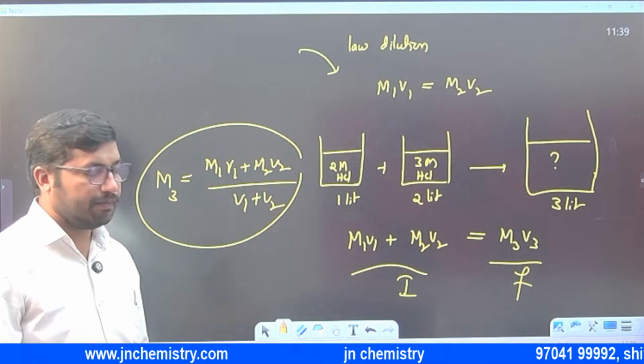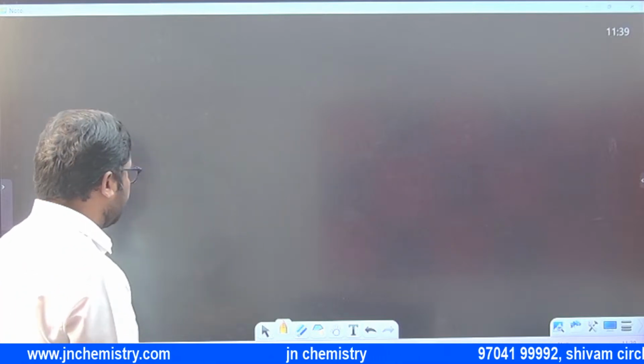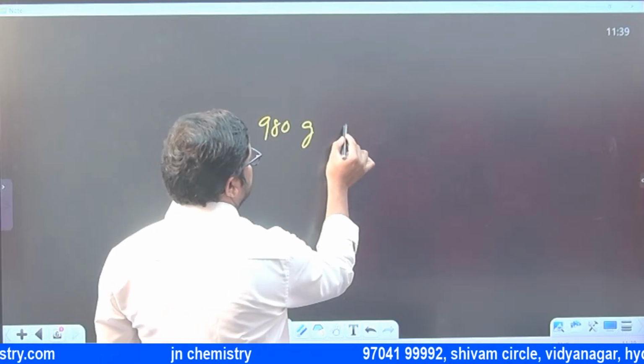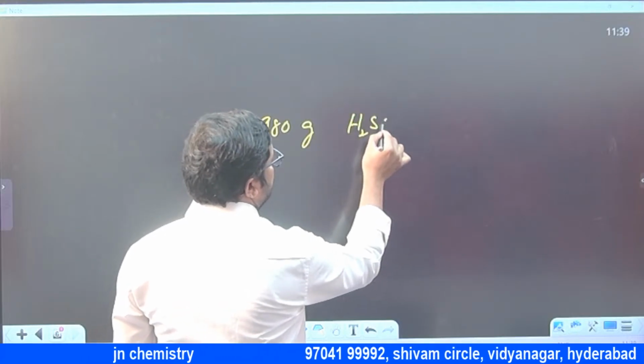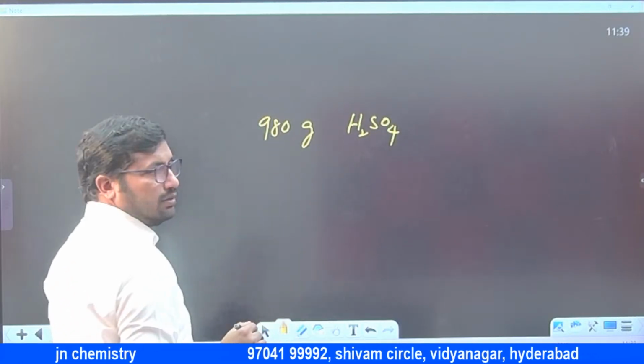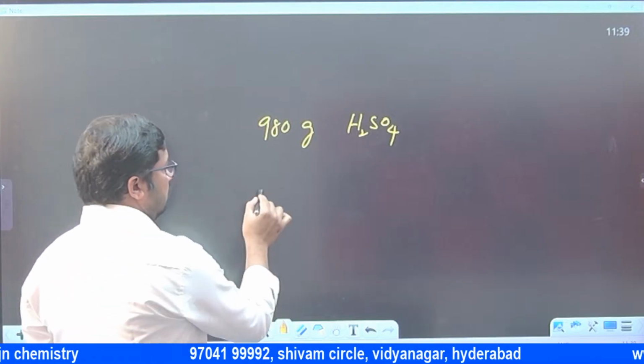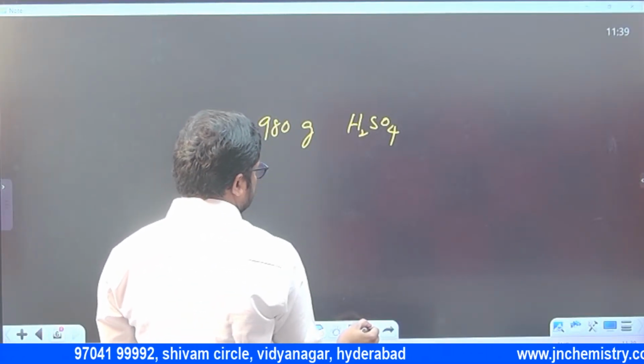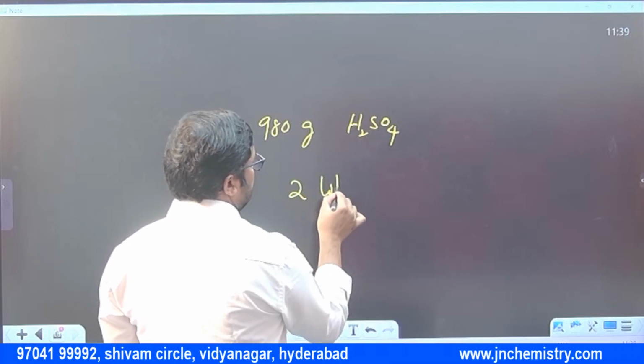Then, for example, 980 grams of sulfuric acid present in 2000 ml, or 2 liters. What is its molarity?